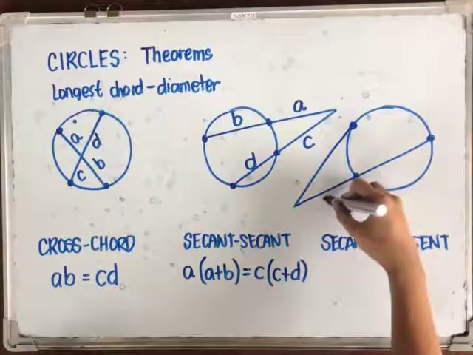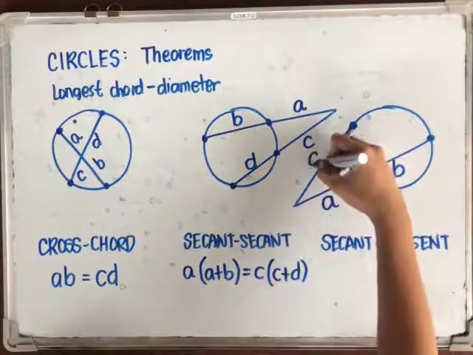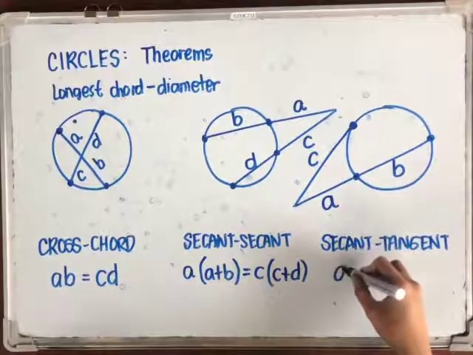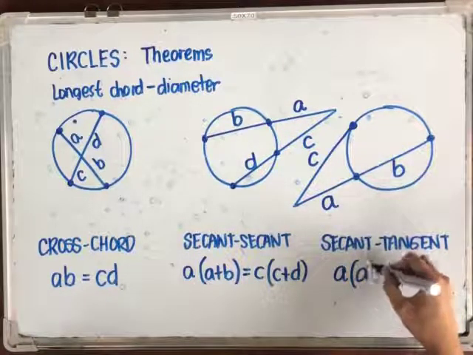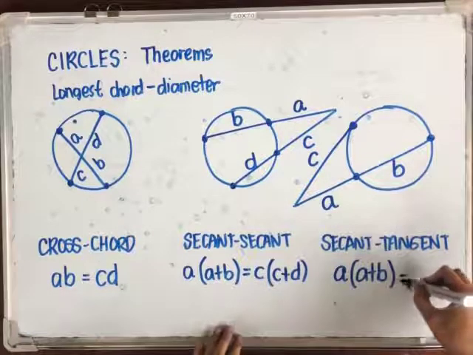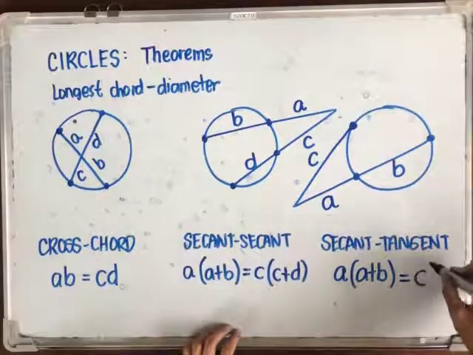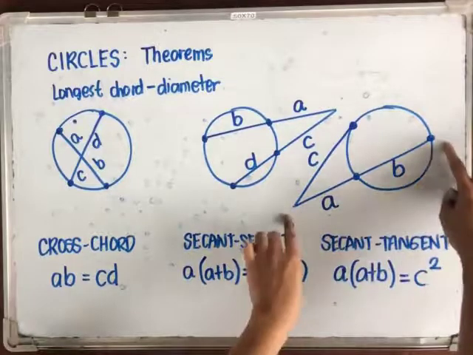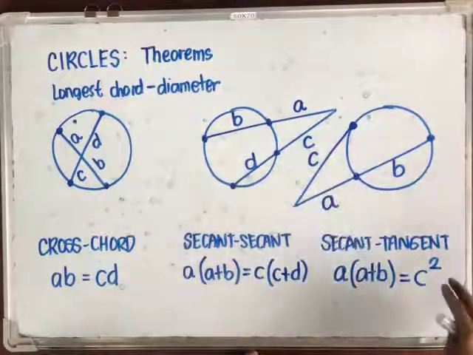So let's label this one as A and B, and then this one is C. So our theorem says that when you multiply A times AB, that's the whole secant line, okay, similar to this part here, but this time tangent yung partner niya, magiging equal daw siya sa C squared. Labas times yung buo is equal to the whole tangent line length squared.